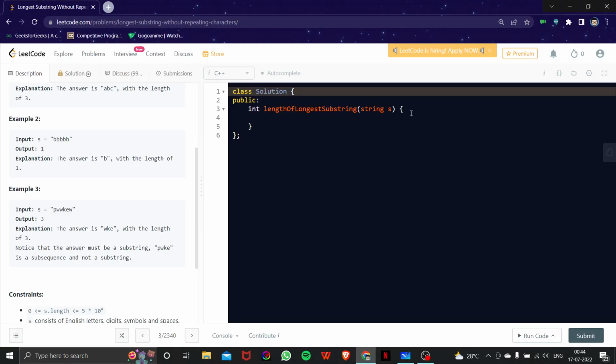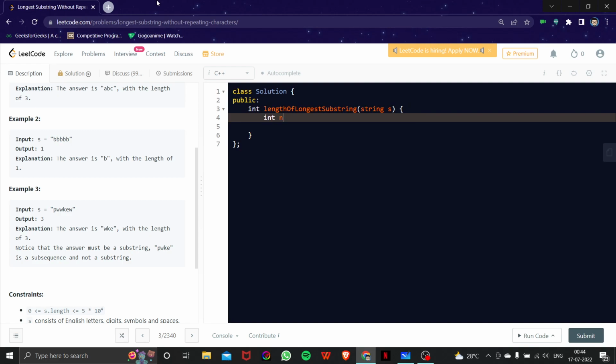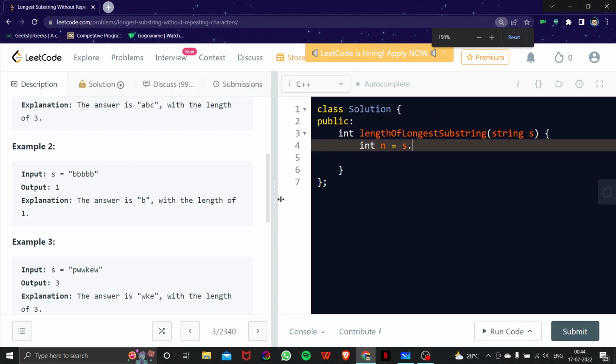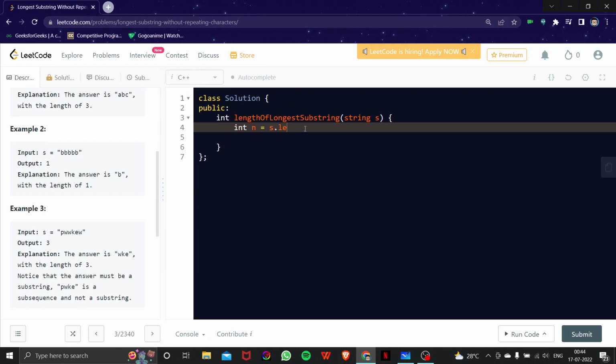All right. So now let's write the code. Let's have int n as s dot length.